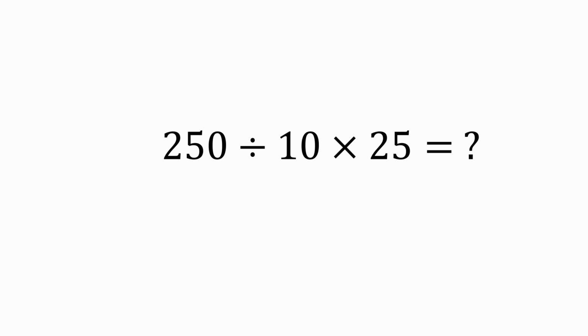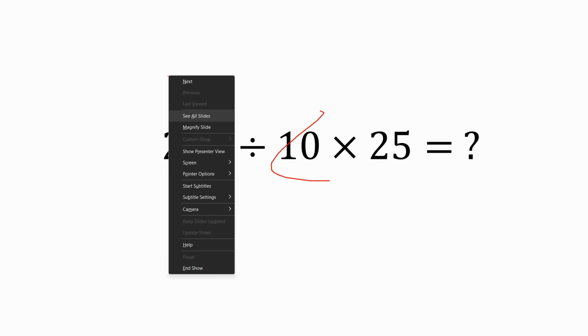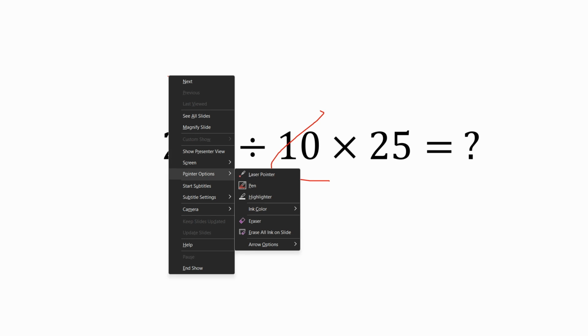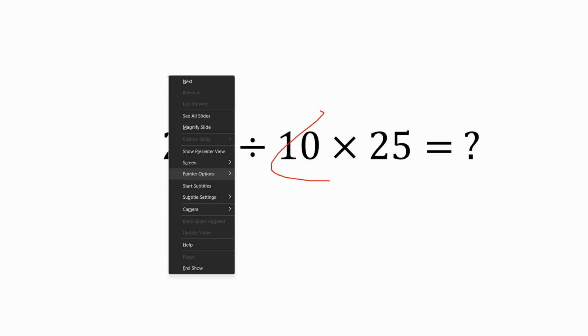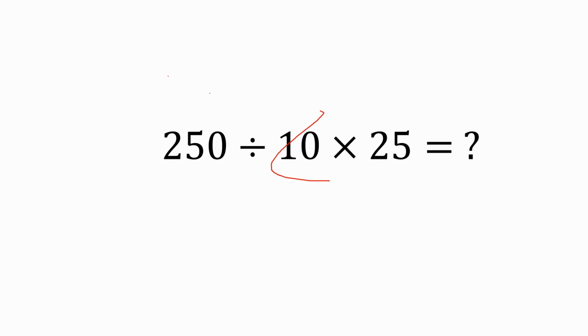So if you were to use that interpretation here, oh, sorry, let me undo that. Well, anyhow, it would basically mean that your 250 would be in the numerator and your 10 times 25 would be in the denominator.